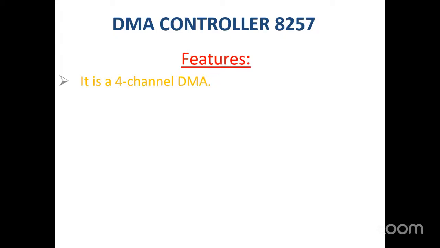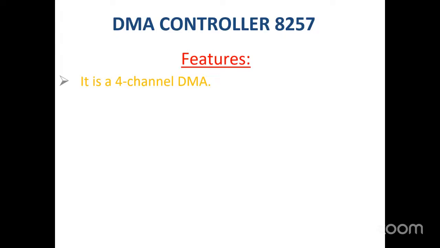And this DMA 8257 is having four channels. Each channel can connect one device. ఇక్కడ 4 channels అంటే DMA controller is connecting to the 8086 microprocessor.